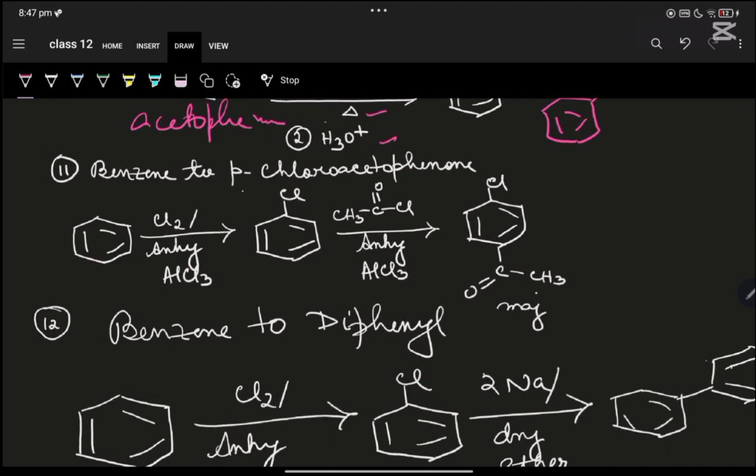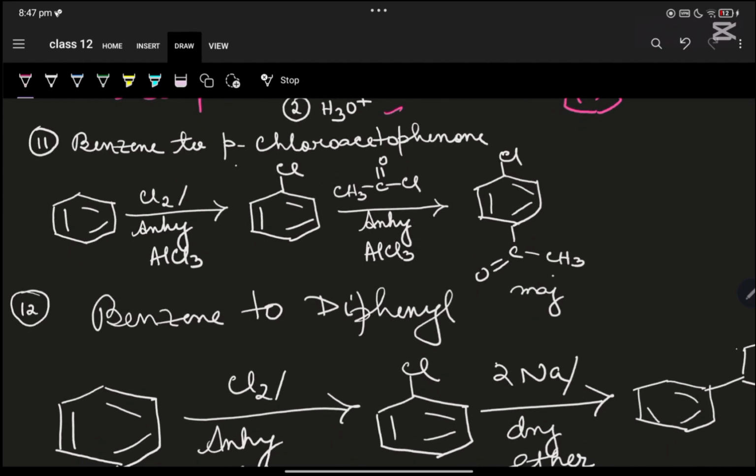Next, benzene to parachloroacetophenone. Here, if you first go to formation of acetophenone, you will not get chloro in the para position because COCH3 is a deactivating group. So first you have to introduce Cl, and that you can do by Cl2, anhydrous AlCl3.